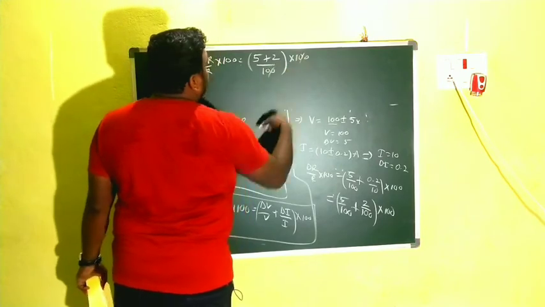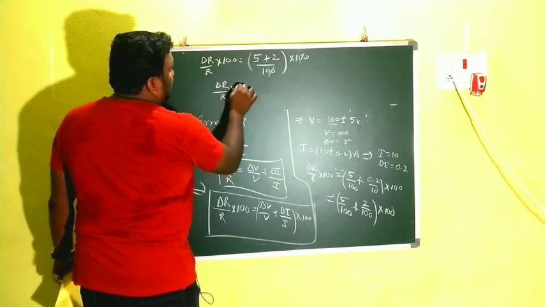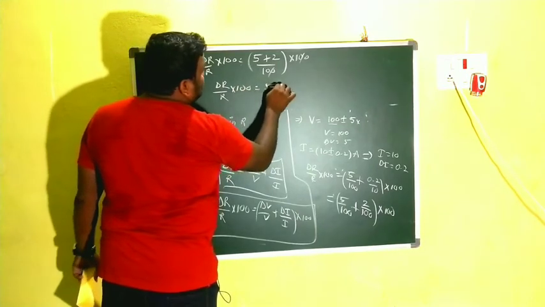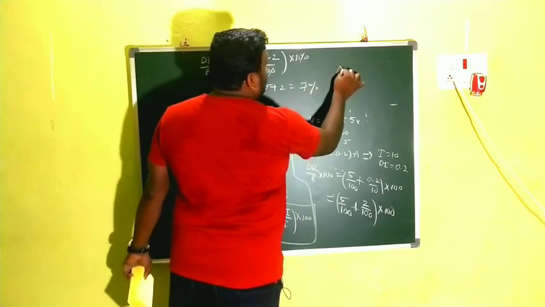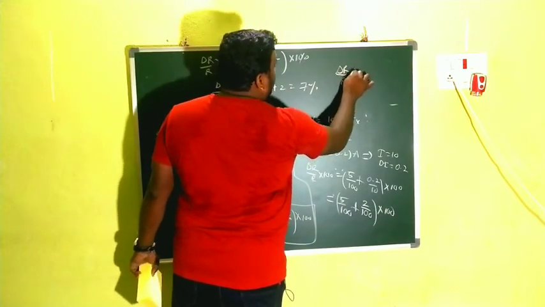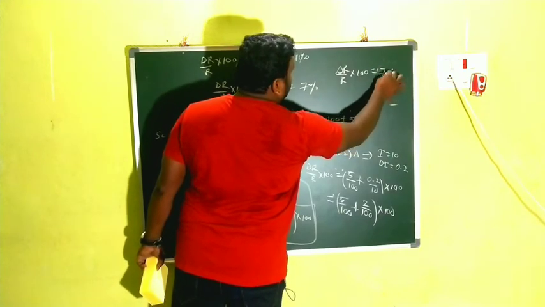So here the 100 cancels. Then delta R by R into 100 is equal to 5 plus 2, that is equal to 7%. So delta R by R into 100 is equal to 7%.